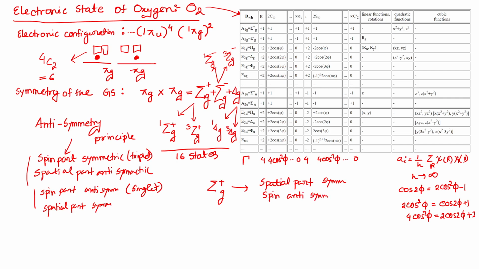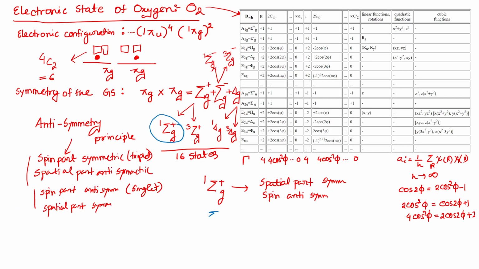And spin part antisymmetric is possible only for the singlet case, not the triplet case. So this is the possible state, not the triplet one. Okay. What about the other cases?